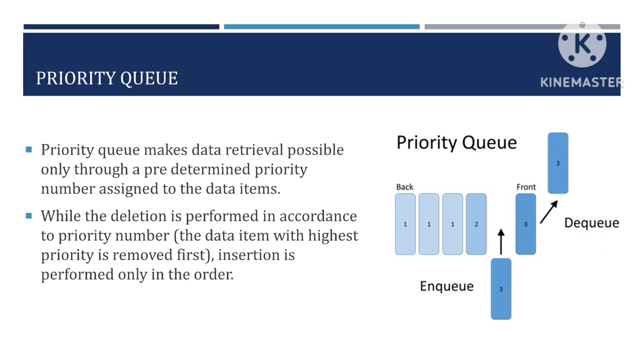Since priority is associated with each data item, it is called a priority queue. So basically when we say queue data structure, we mean these four different types of queue.